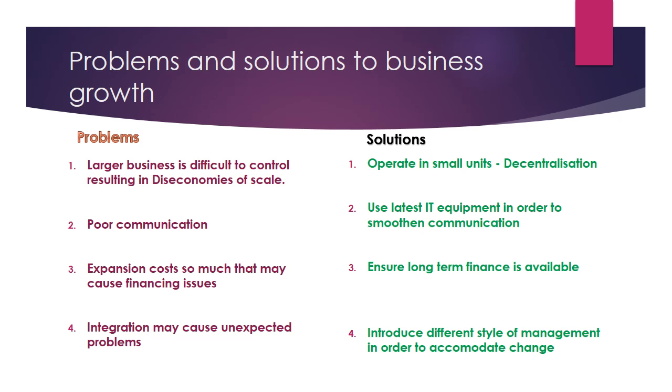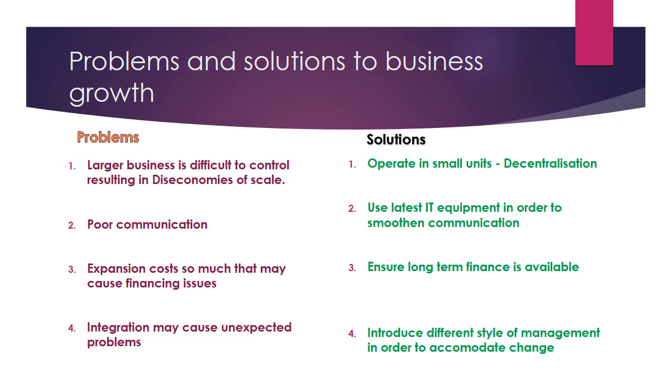So there are problems to business growth, and there tend to be some solutions that are provided. So problem number one would be that large businesses are difficult to control, resulting in diseconomies of scale. When you have large operations, say there is a fast food chain of around 100 shops, and they're all ordering raw materials when the raw materials needed have already been ordered.